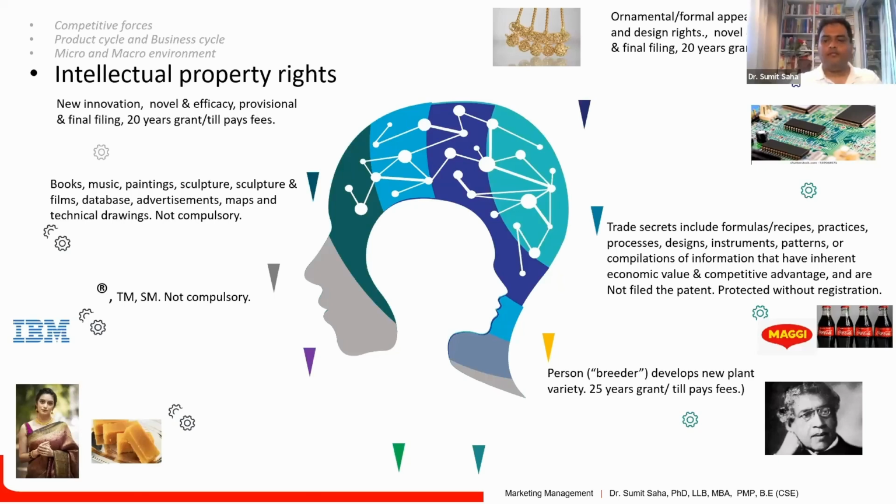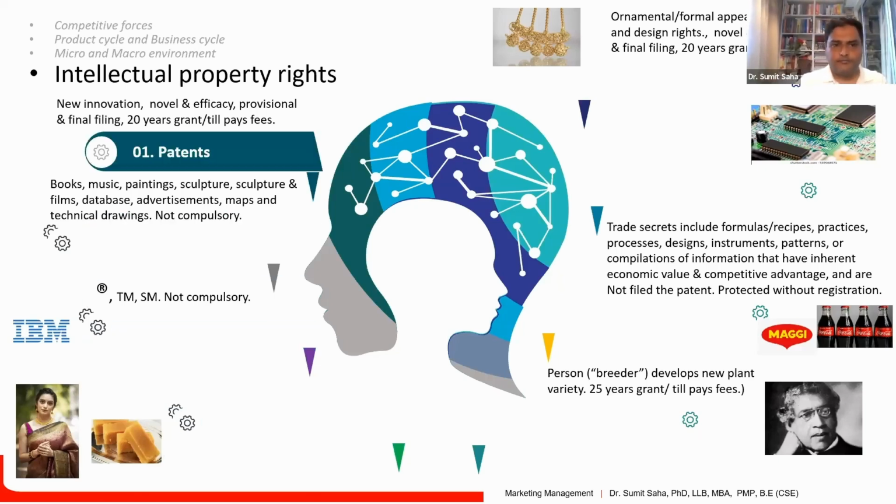Okay. Now, herein many things come one by one. Let me explain. First, patent. Okay, fine. So now in this intellectual property rights, whatever the 6 or 7 verticals are there, these are all to protect your interest.